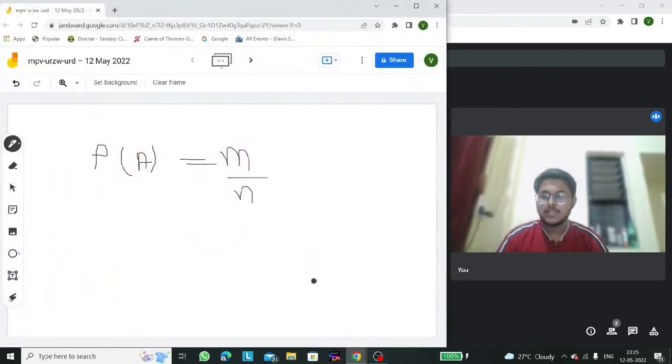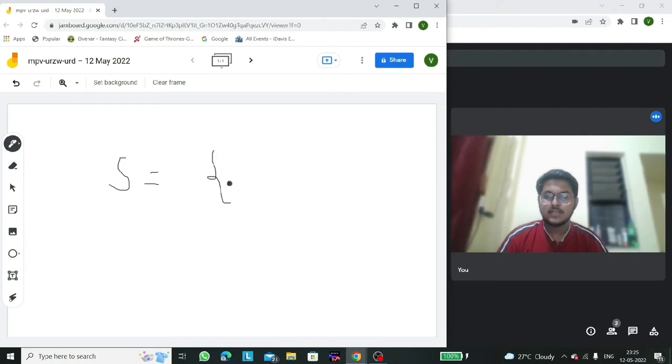For example, if a coin is tossed, then the sample space of the coin can be written as S is equal to {heads, tails}. As when we toss a coin, there are only two possible results, it will be either heads or it will be tails.